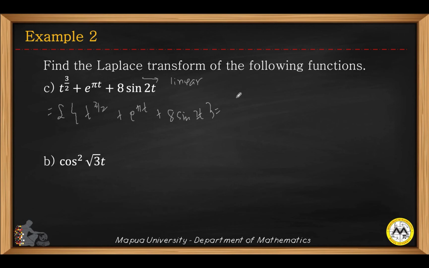So this is just Laplace of t to the 3 halves plus Laplace of e to the pi t plus Laplace of 8 sine 2t.